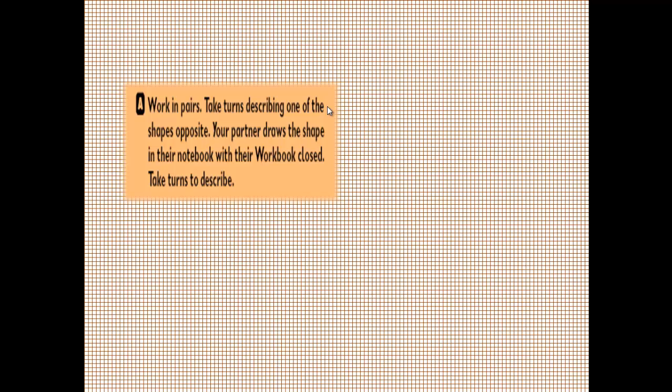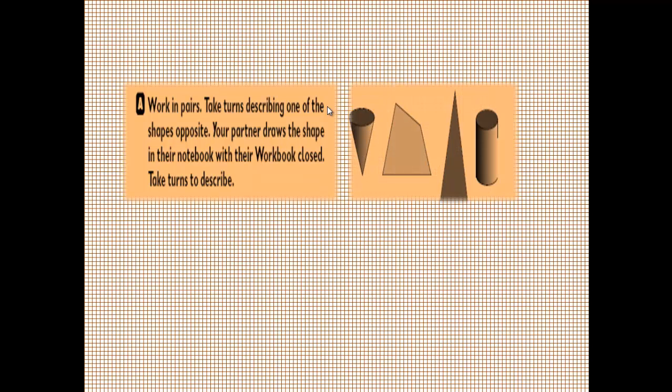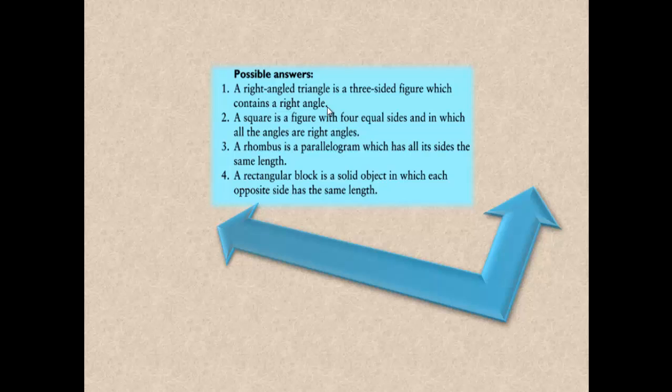Take turns describing one of the shapes opposite. Your partner draws the shape in their notebook with their workbook closed. Take turns to describe. Here we have some shapes on the right and we want to describe them. Now I want to give you some definitions which are so important to do this task.